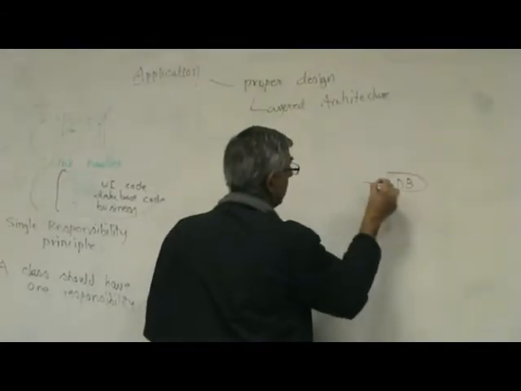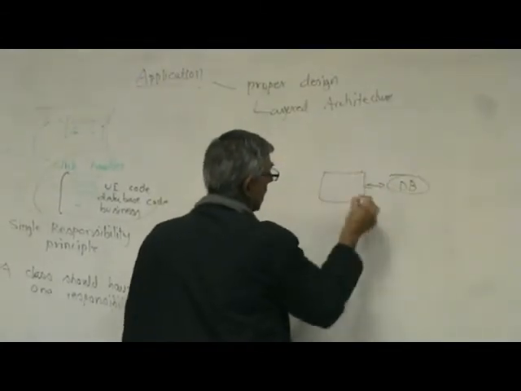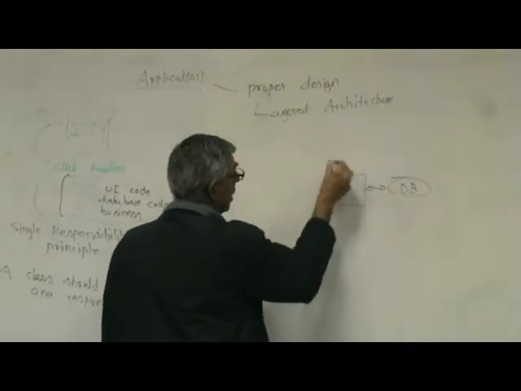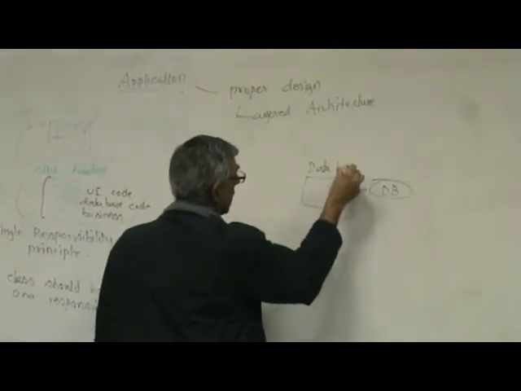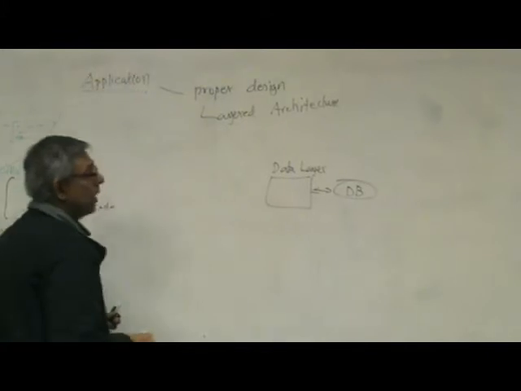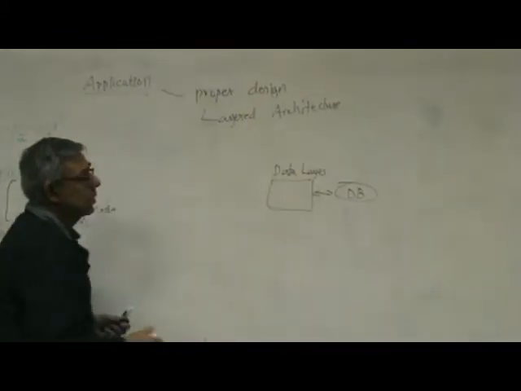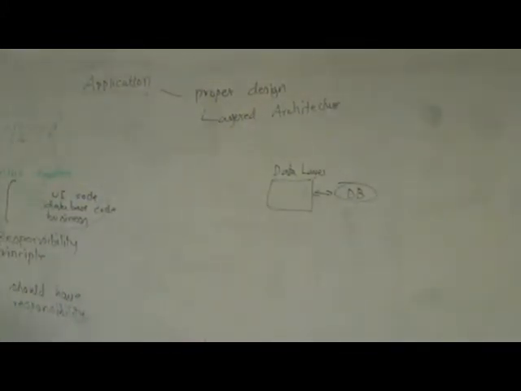If this is our database, all of our code that deals with the database, we refer to it as a data layer, okay? So we'll create some classes which deal with going to the database, opening the connection, issuing the SQL, and so on. So for example, if you recall, we already had created this data access class.